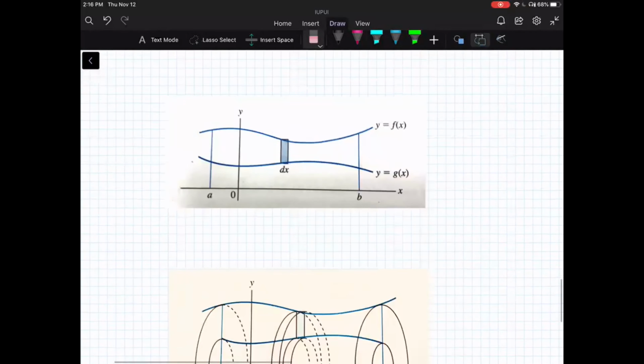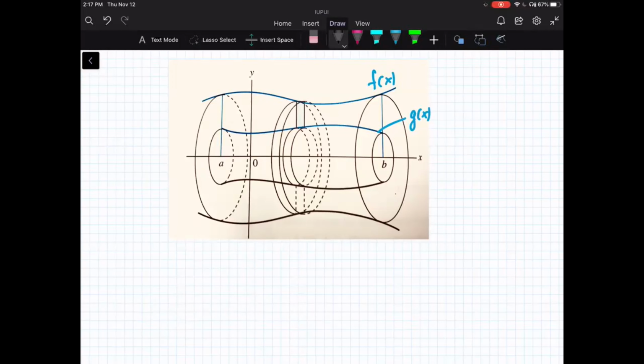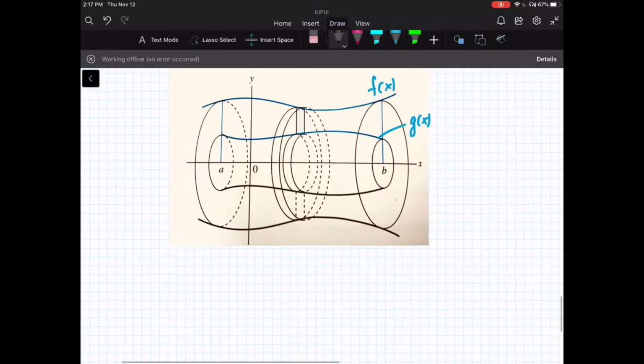But you can repeat the same tricks. So this is my f of x, and this is my g of x. And this is my washer that I consider in the middle. So what is the volume of the whole disk?